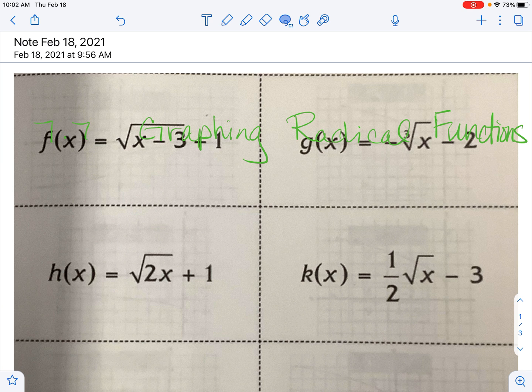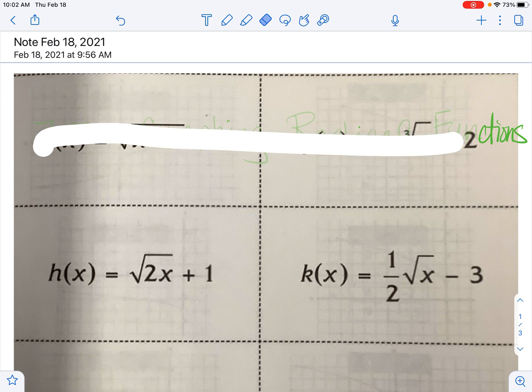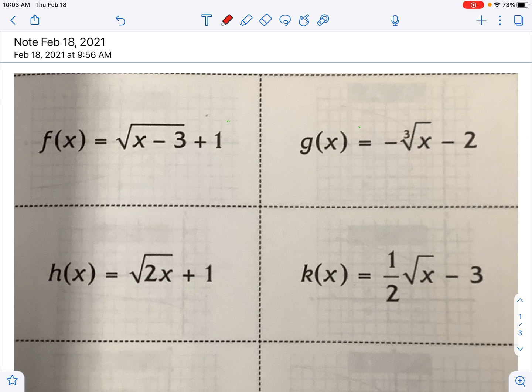So looking at this, let me erase. Okay. If the number is under the radical right next to the x, so right here, that is going to change.